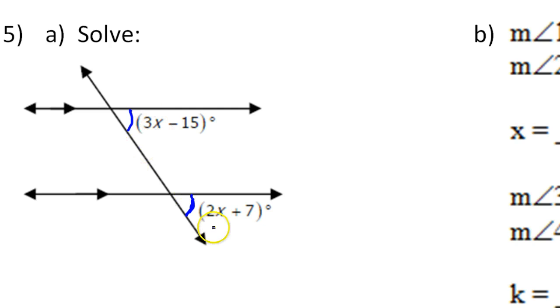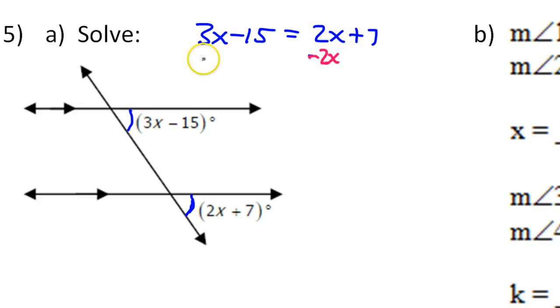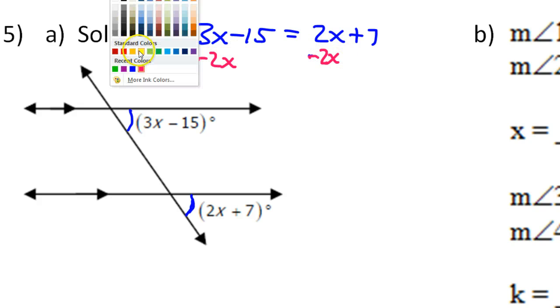It's a problem. These two are congruent to each other, and this time they actually marked the lines parallel properly. These two should be congruent, so that's going to be 3x minus 15 equals 2x plus 7. These are called corresponding angles, by the way. So let's subtract 2x from both sides to get these together.